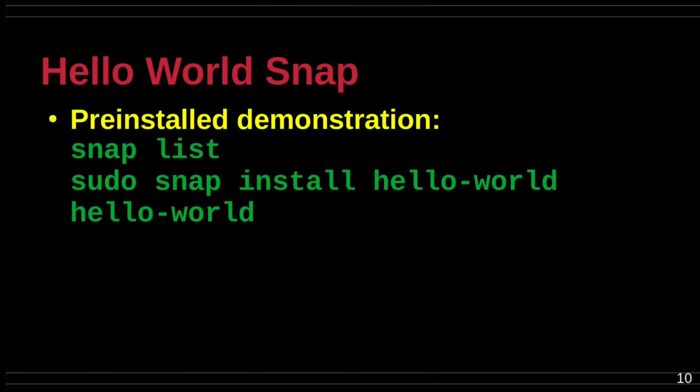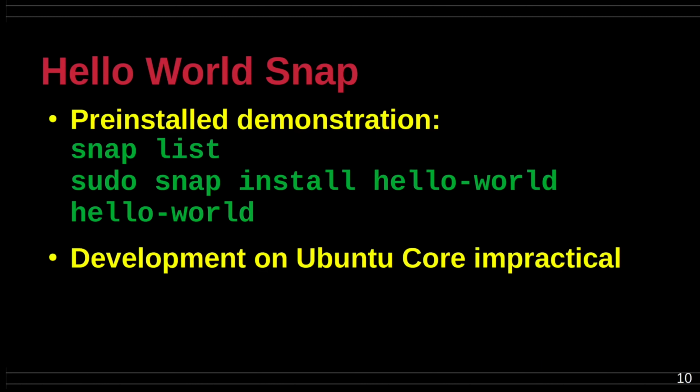Directly developing a snap on Ubuntu Core is impractical owing to security constraints that exist for Ubuntu Core. While this architecture is good for IoT devices, it handicaps development activities.